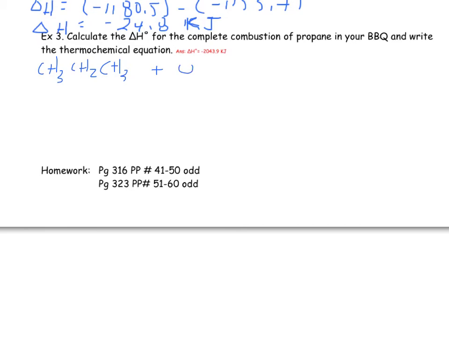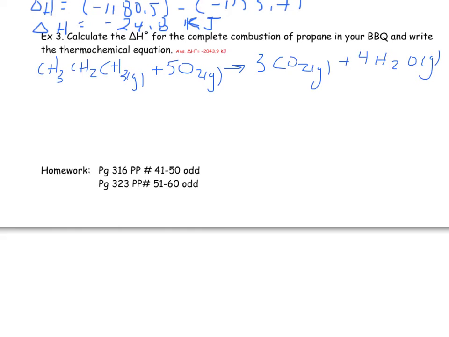We're going to do a complete combustion reaction. That means only CO2 and H2O are produced. Now, because this is a combustion reaction, the water will come out as a gas, because combustions are very exothermic.